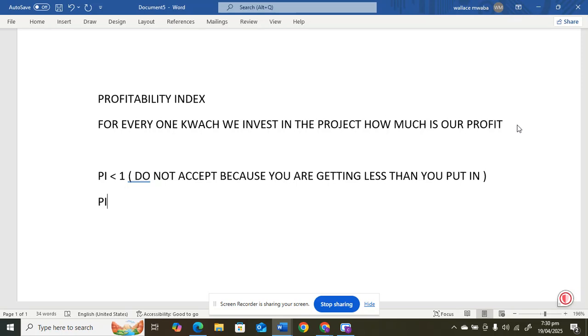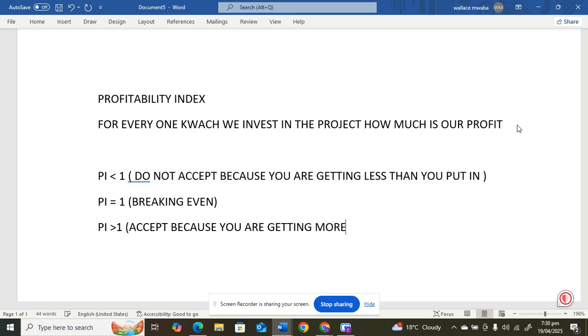If your profitability index is equal to one, it's like you have broken even. If your profitability index is greater than one, you accept, because you are getting more than you invested.